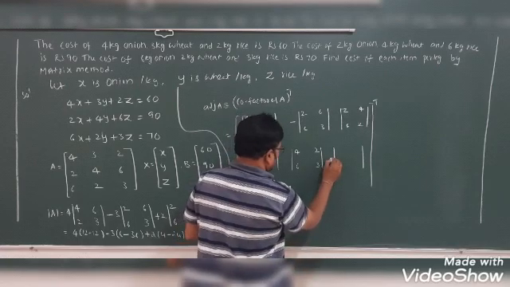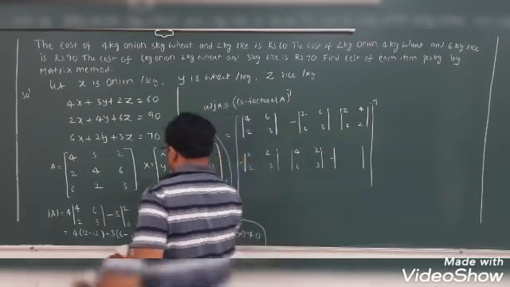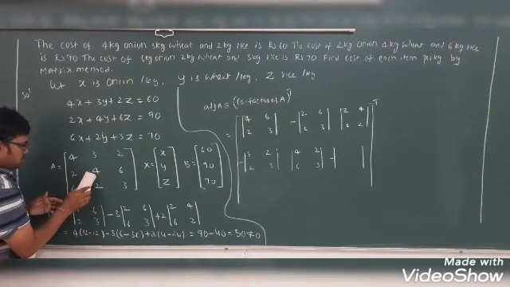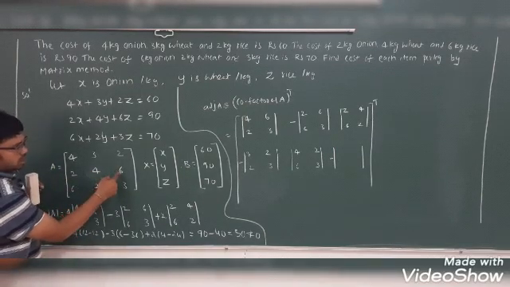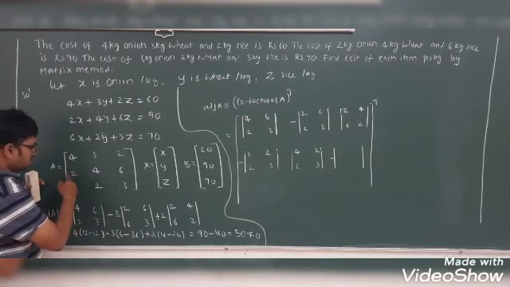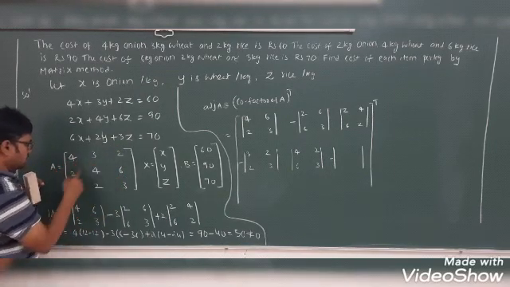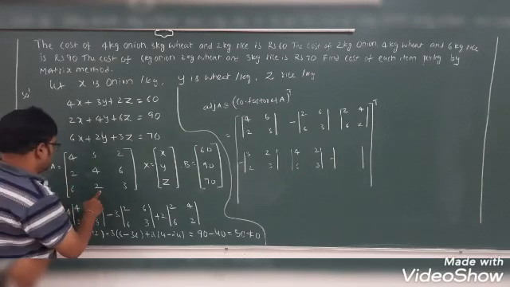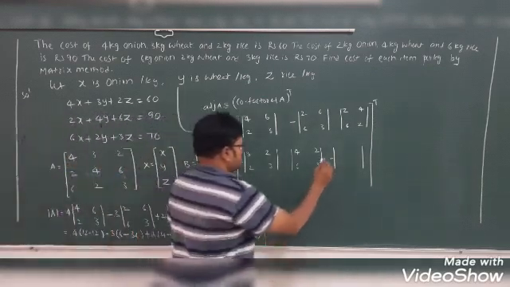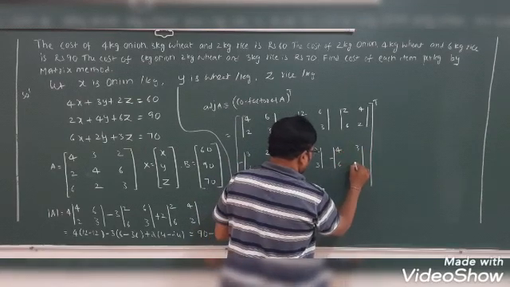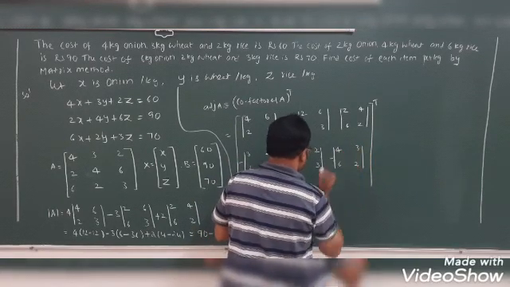Next, this is multiplied by minus. With respect to this element, suspend this row and this column, we get 4 3 6 2.